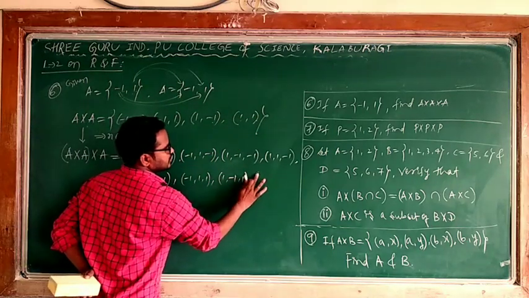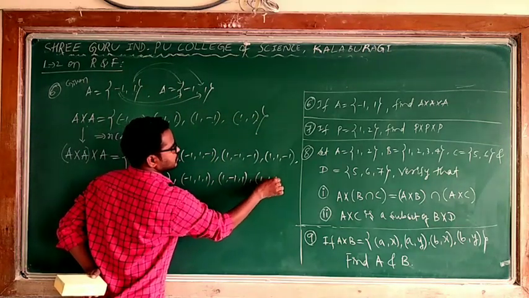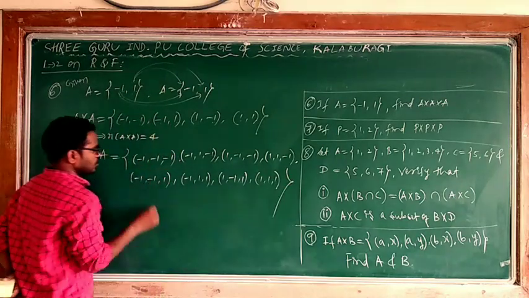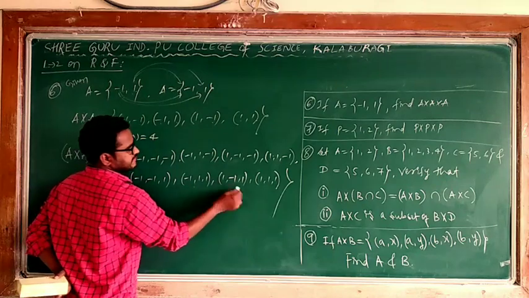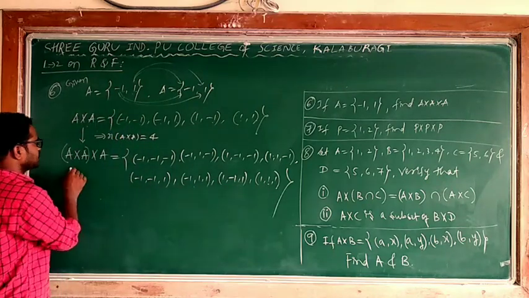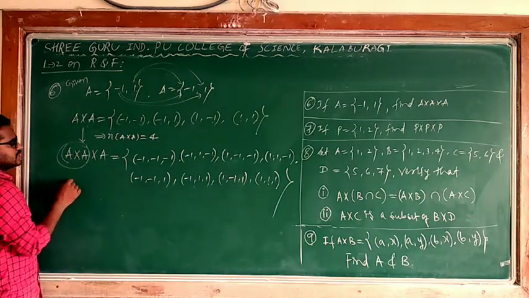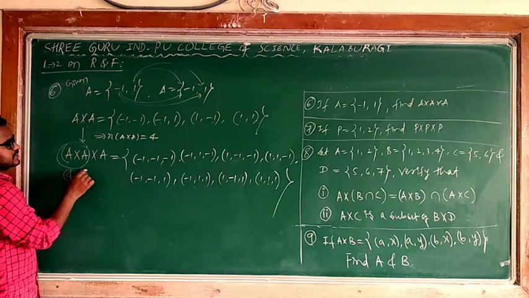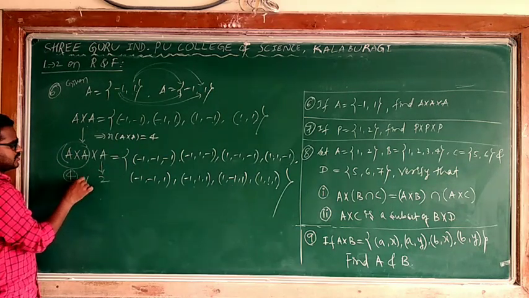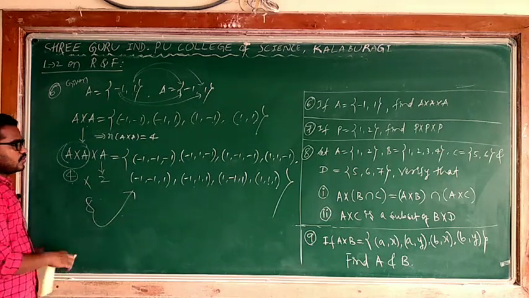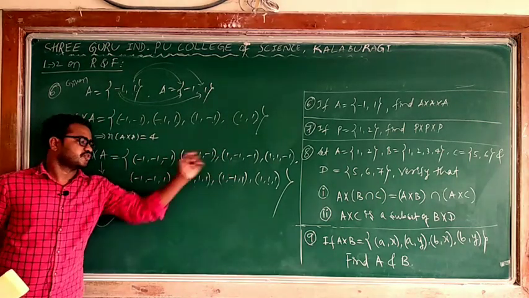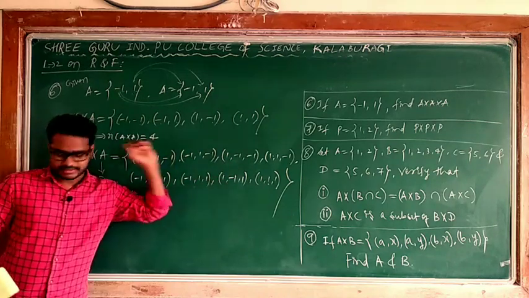So I can say 1, 1, 1. This is 1 2 3 4 5 6 7 8, because A cross A has 4 elements and A has 2 elements. 4 into 2 means you will get 8 elements. Those are these 1 2 3 4 5 6 7 8.